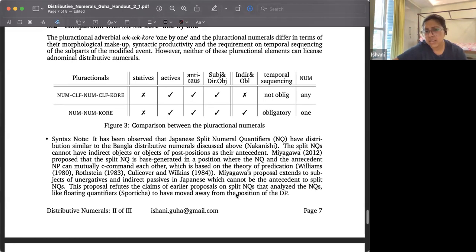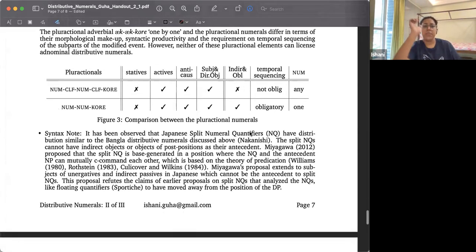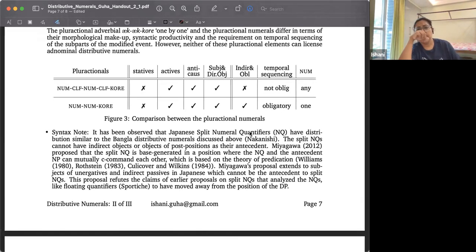So I want to tell you a bit again about how I made sense of these two. I have this in the notes: a similar kind of restriction on the occurrence of numeral quantifiers has been observed for Japanese split numeral quantifiers.